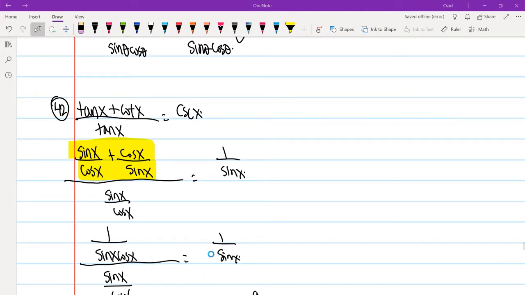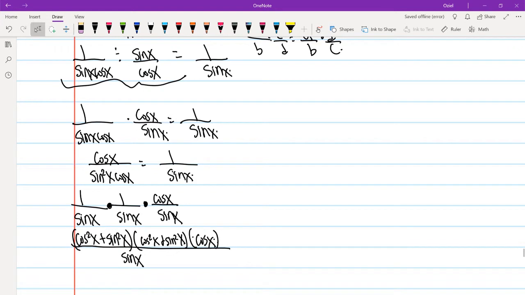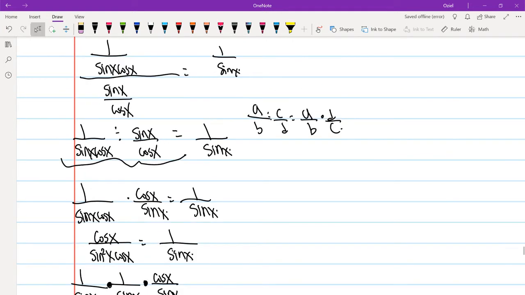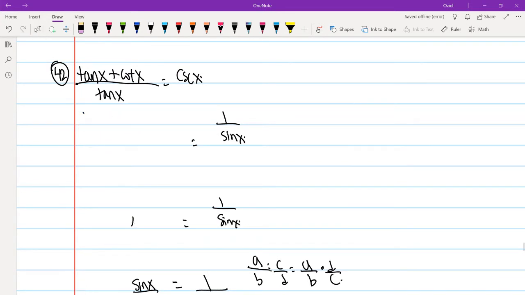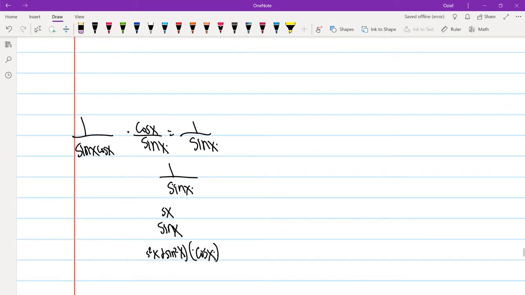Oh, it's cosecant squared of x. Okay. So let me go ahead and just erase what I did. I'm sorry guys, oh my goodness. This one really threw me off.